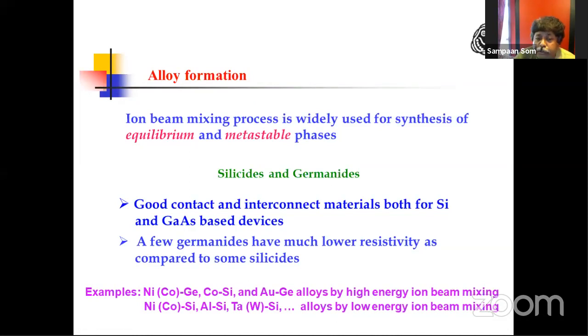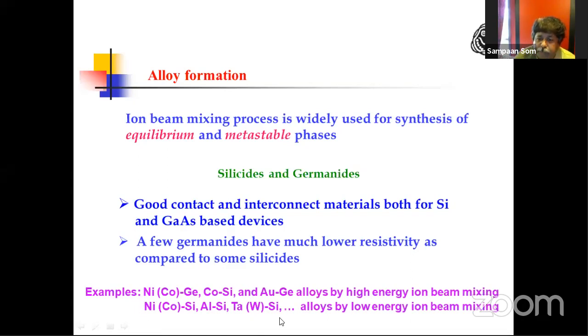Okay, across the interface, the mixing can take place, and RBS comes very handy to probe those kinds of metastable phases in terms of composition as well as their thickness values. And as I listed here, there are several such silicides and germanides which are good for different materials.